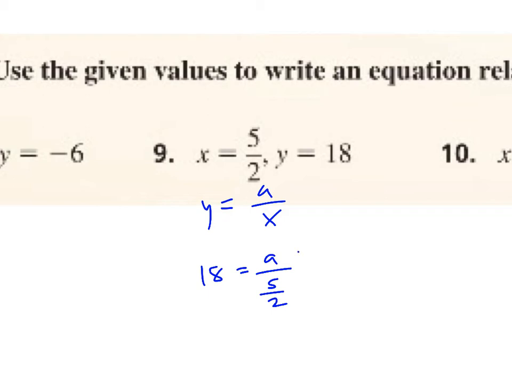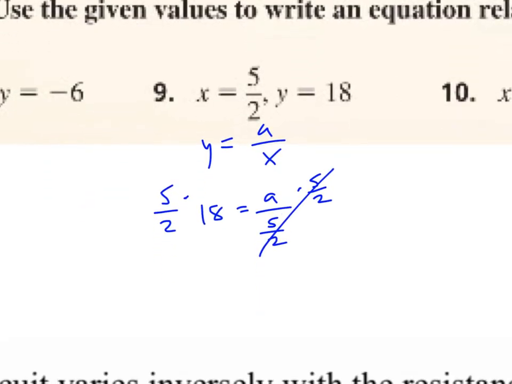Multiply. So we want to multiply both sides by 5 over 2. So it cancels out on the right. Then we just have to multiply 5 over 2 times 18. A little shortcut way to do this is you have 5 times, if we break 18 down into 2 times 9 over 2, the 2's cancel.